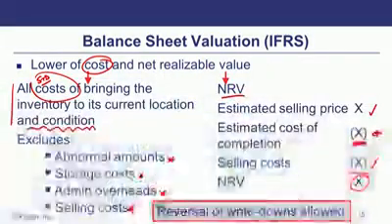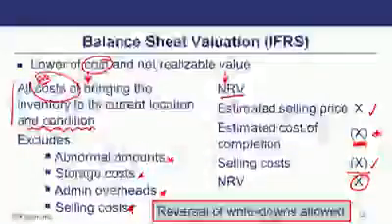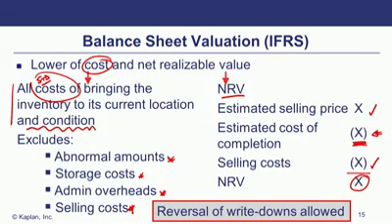Now, if net realizable value has declined below cost, you have a write-down. You have to write down the value in the balance sheet, and the other side of that write-down goes as an expense, an unusual or infrequent item, so before the tax line, into the income statement. Now, IFRS does allow you to reverse write-downs. US GAAP typically doesn't.